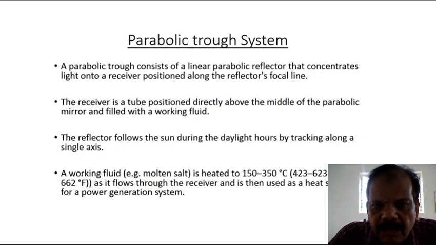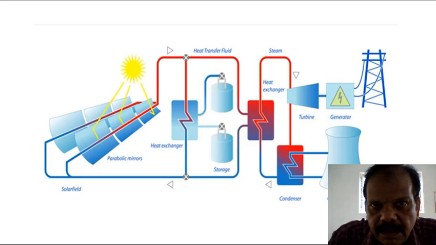The reflectors follow the sun's position during the daylight hours, and the collectors are tracked using a tracking system. These parabolic collectors use a single axis tracking system. The working fluid will be heated from 150 to 350 degrees centigrade as it flows through the receiver, and then it is used for the power generation system.